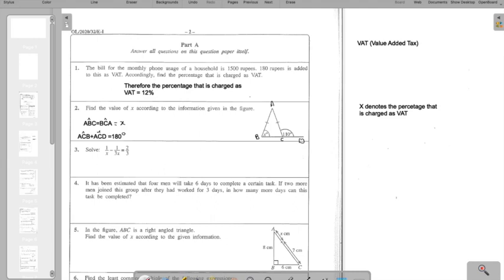Okay, now since you have denoted this, we know that this C in triangle ACD is 110. So if ACD equals 110 degrees, therefore 180 minus 110 will be 70 degrees.